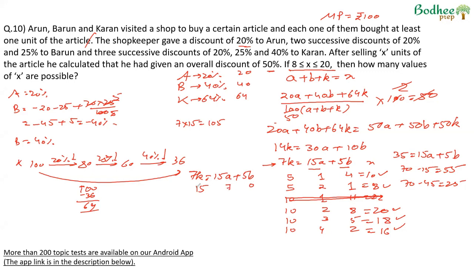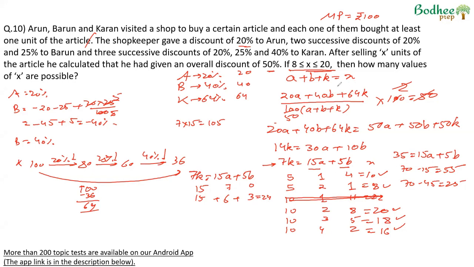So this is not possible as it is. If we keep K as 15, A as 6, 105 minus 90, so we need 15. B will be 3. This adds up to 15 plus 6, 21 plus 3, 24, which will cross the value of X, which can be a maximum of 20. So anything beyond this is not possible.